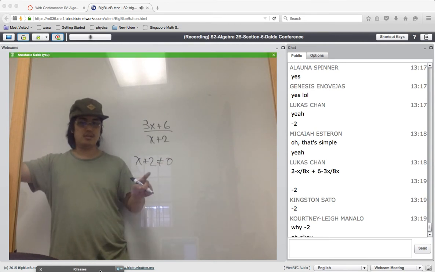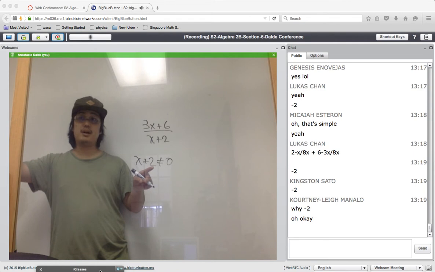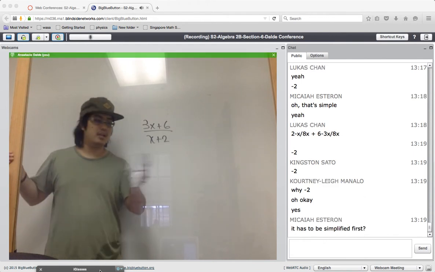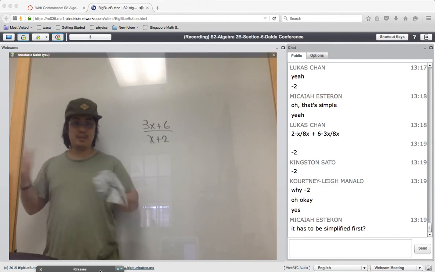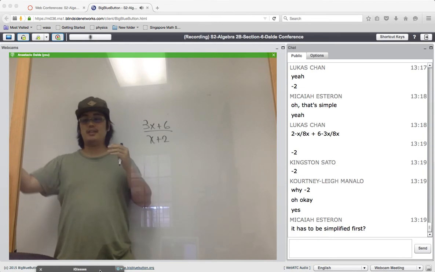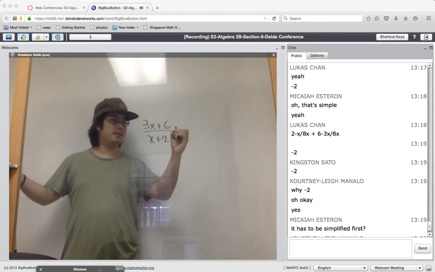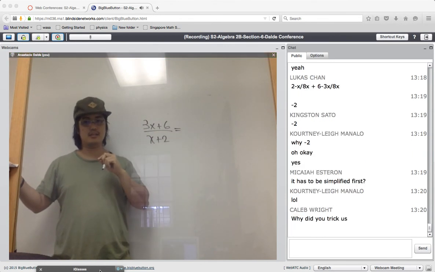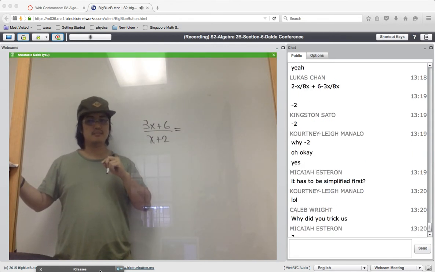And then you get the positive 2 and you put it on the other side and you get x is not equal to negative 2. But I tricked them because I'm a jerk. Sorry. Let's try simplifying this first. Is there a number I can pull out of this thing? 3. All right.